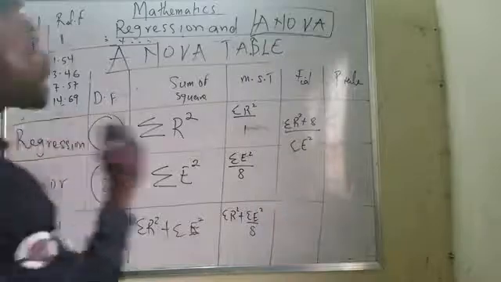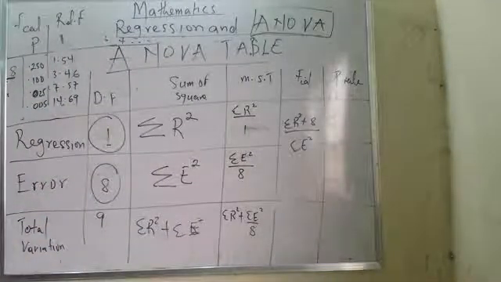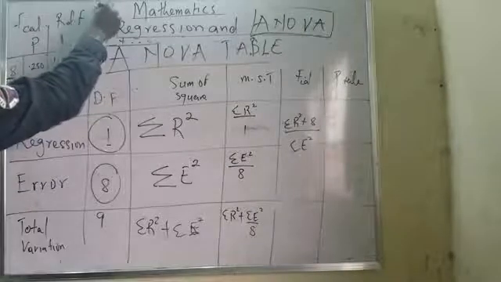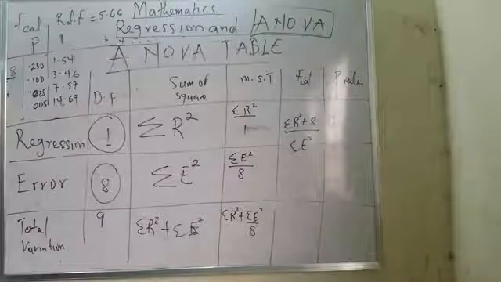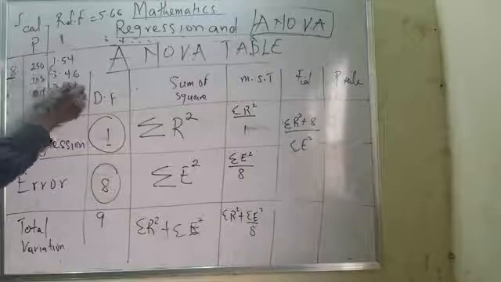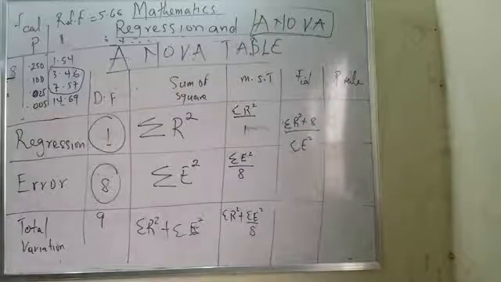Now, my F value, whatever I have, if my F value is, for instance, equal to 5.66, I will now come here. 5.66 is between this and this. That is my 5.66.